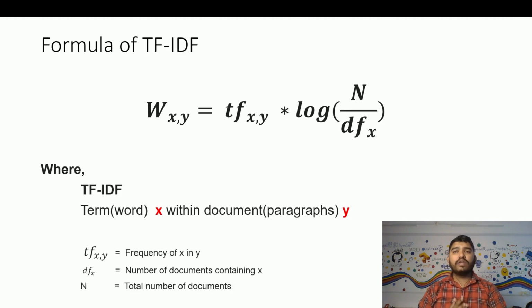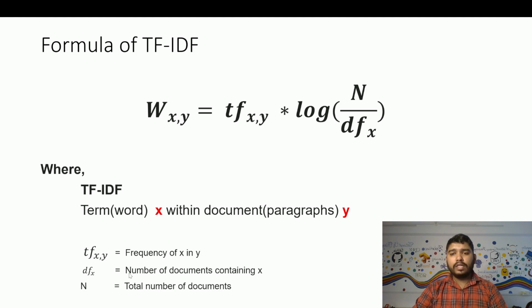Here's the formula of TF-IDF. W(x,y) is equal to TF(x,y) multiplied by log of N divided by DF(x), where x is a term or word within a document or paragraph y. TF(x,y) implies the frequency of x in y.